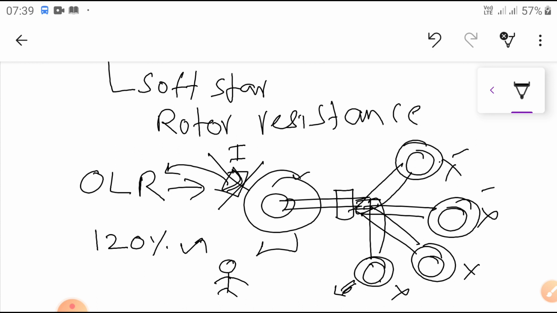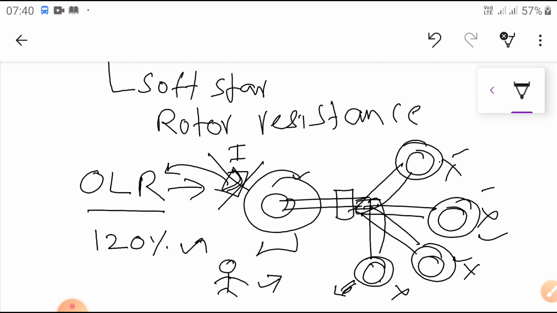Then the operator will understand that something has happened inside the motor, and he will remove one or two devices, so that he protects his motor from burning. Otherwise it will draw more and more current, and after some time the whole motor will burn.